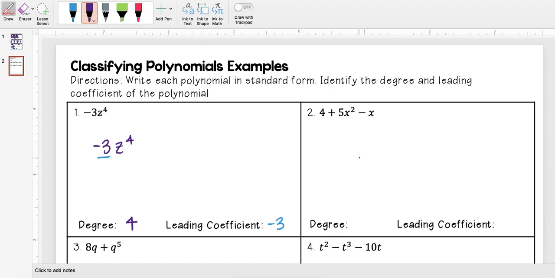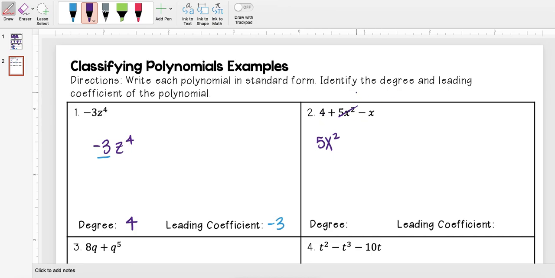Okay, next one, I have 4 plus 5x squared minus x. So this isn't in standard form. I need to rearrange these terms so that the highest exponent is first. And so here I see my highest exponent is my 2. So I'm going to move my 5x squared to be first. Now I have a 4 and a minus x.